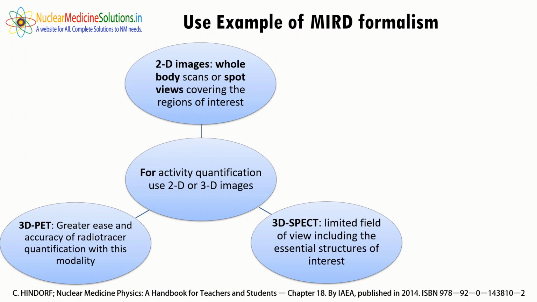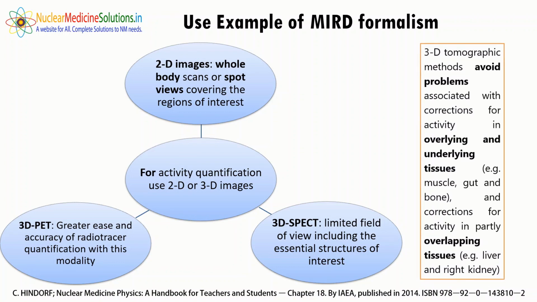So the calculation of Ã can be done using 2D or 3D images. In 2D images, whole body scans or spot views covering the region of interest can be used. In 3D SPECT, a limited field of view including the essential structures of interest can be imaged, and then the activity can be calculated. 3D PET, which has greater ease and accuracy of radiotracer quantification, can also be used.